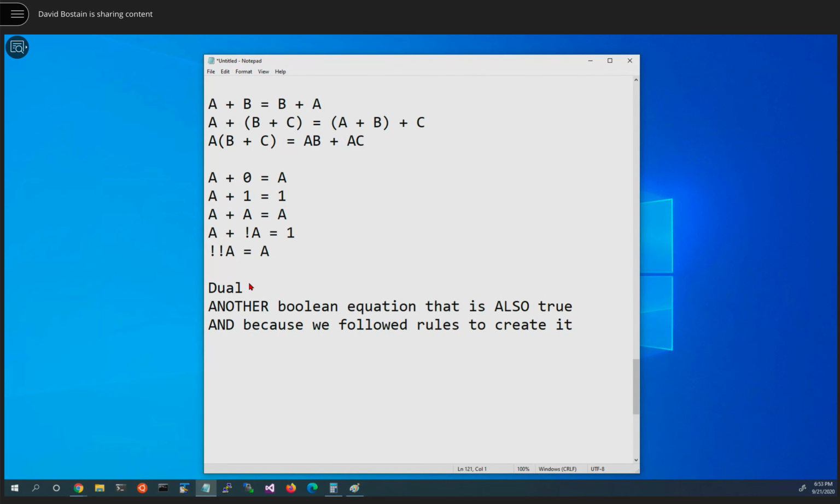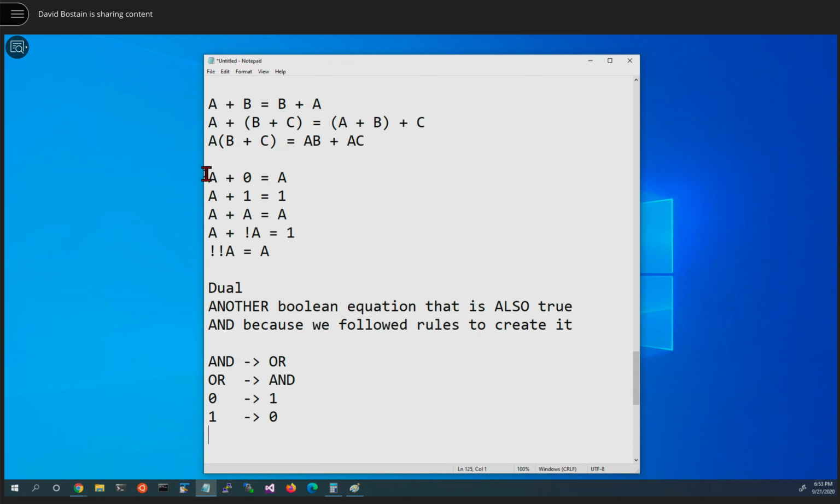And here are the rules. Anywhere you have an and, change it to an or. Anywhere you have an or, change it to an and. If there's a 0, make it a 1. If there's a 1, make it a 0.